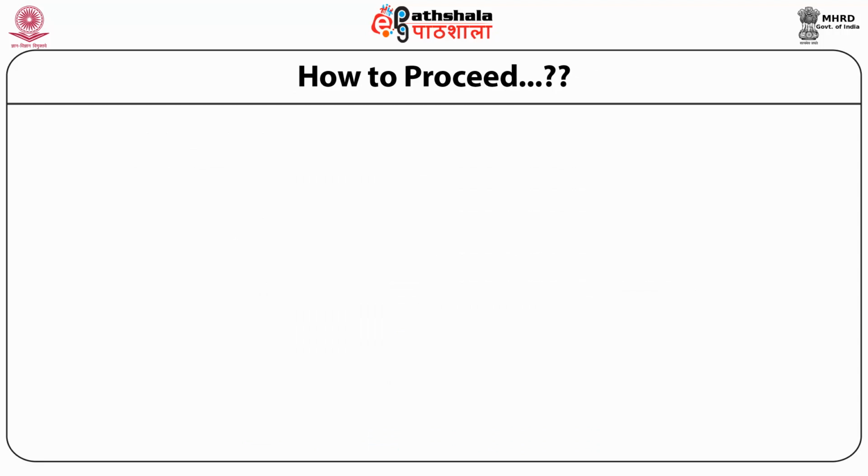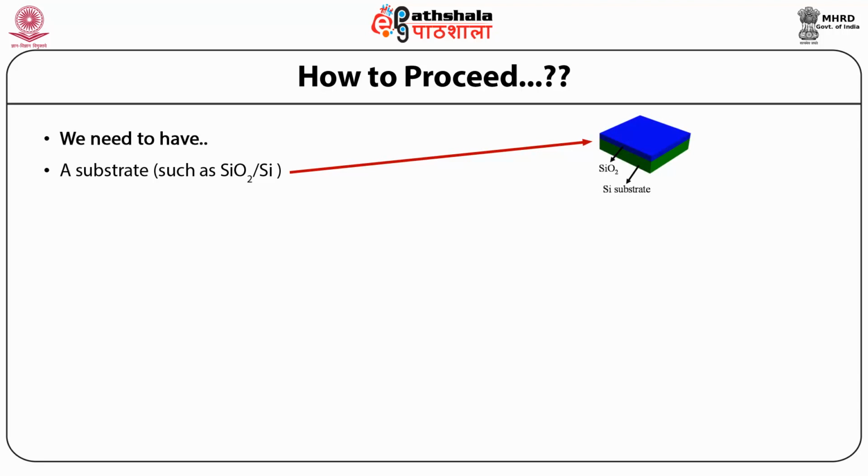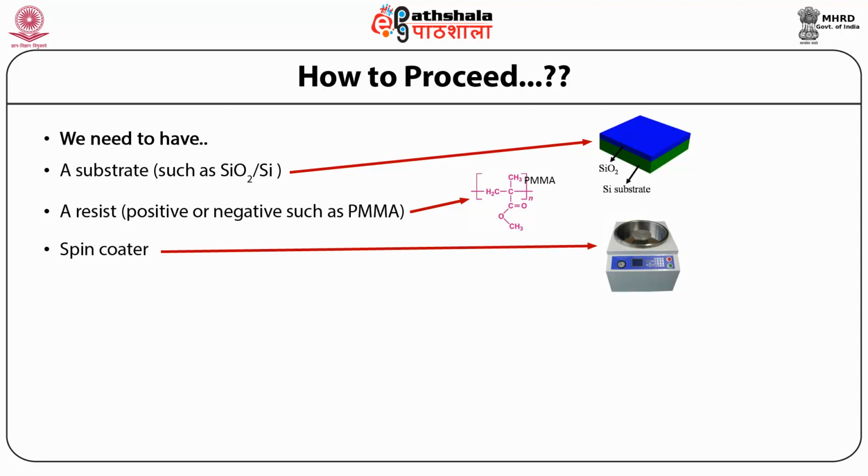Now students, let us discuss how to proceed to do electron beam lithography. First we need a substrate such as SiO2 over silicon, and then a resist which can be either positive or negative, such as PMMA, then a spin coater.